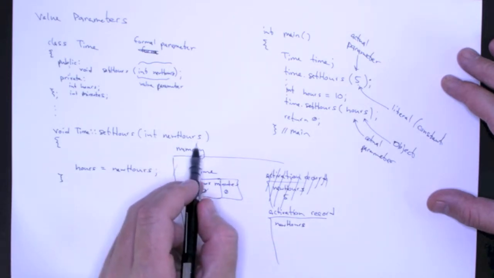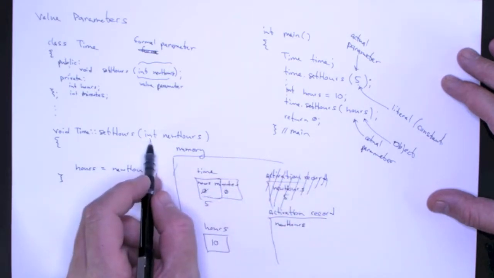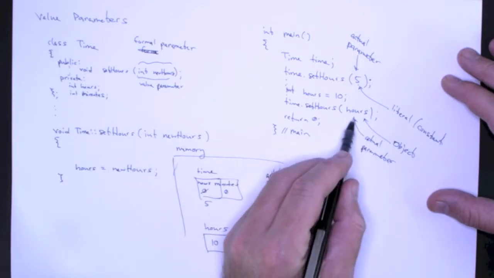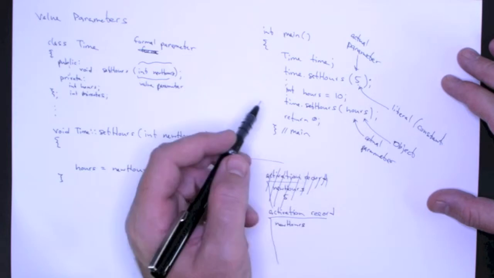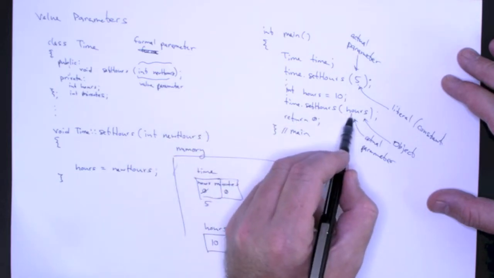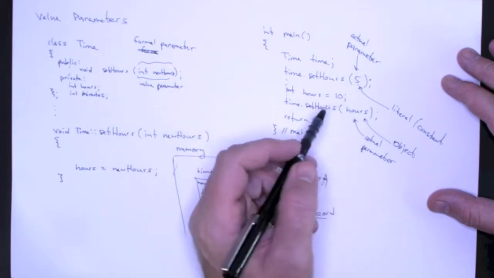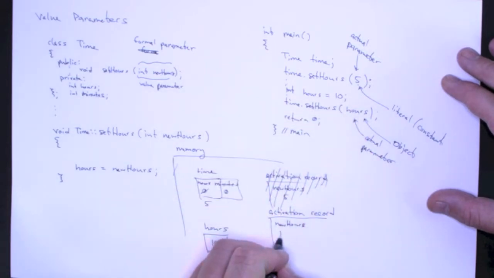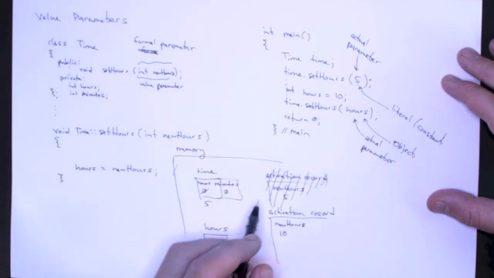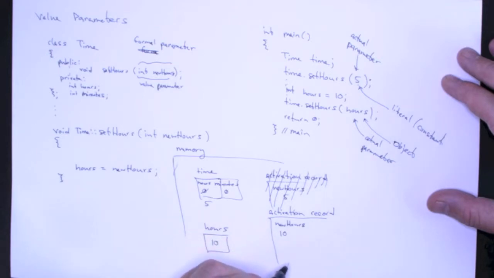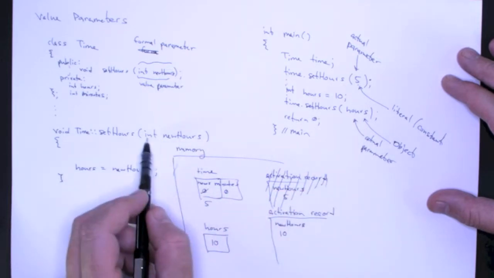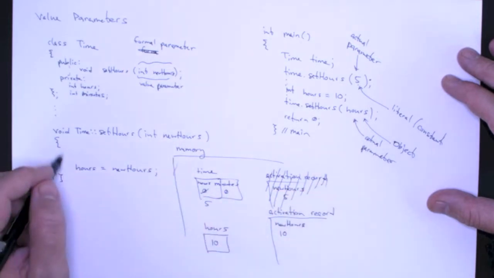I allocate space for the parameters, and then I copy or map the actual parameters to the formal parameters. And in so doing, I'm taking the value of hours, which is 10. It's as if I passed in 10 here, and I'm copying it into new hours. And once I've mapped or copied the actual parameters to the formal parameters, then I can execute the body.